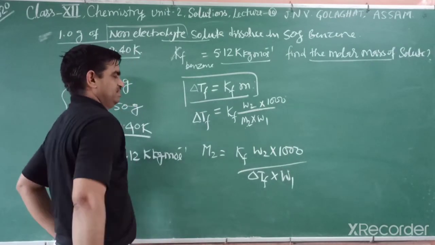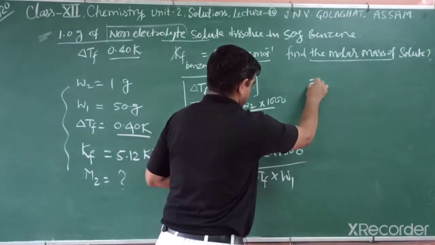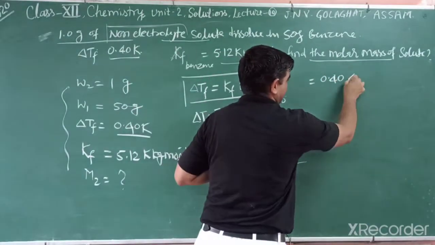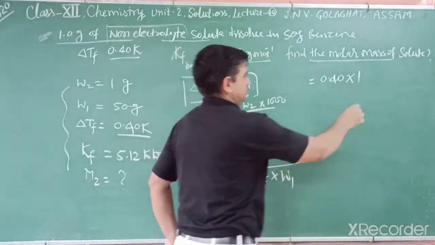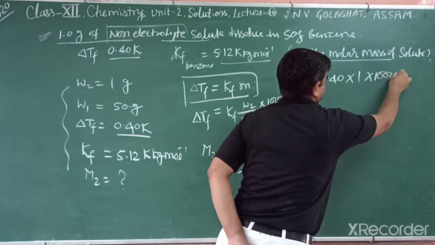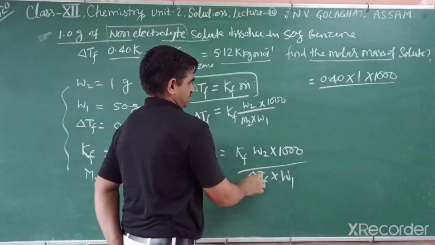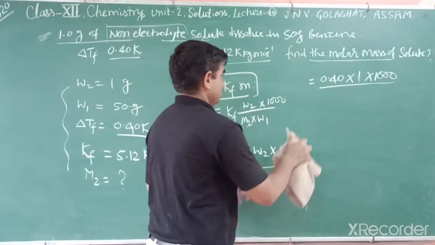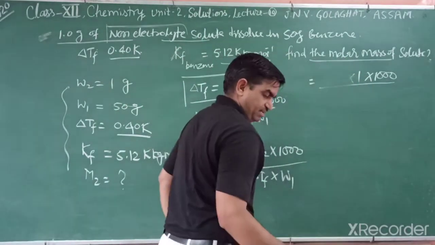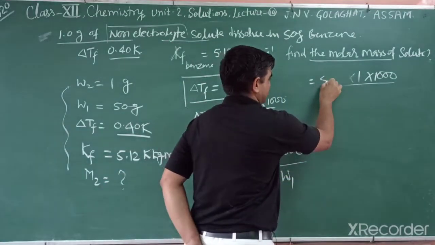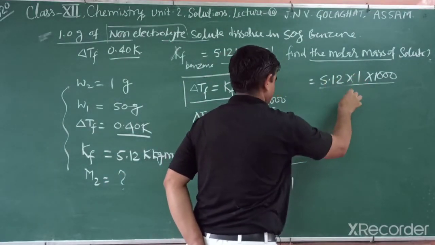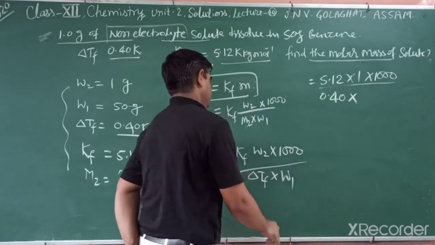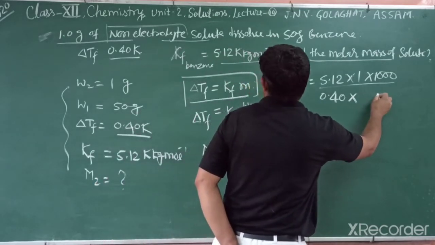When we place all the data values: Kf is 5.12, W2 is 1 gram into 1000, divided by delta Tf 0.40 into W1, that is 50 gram.